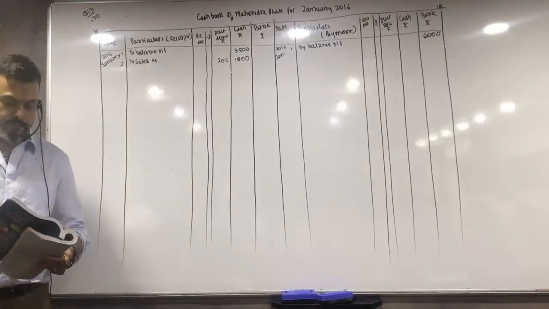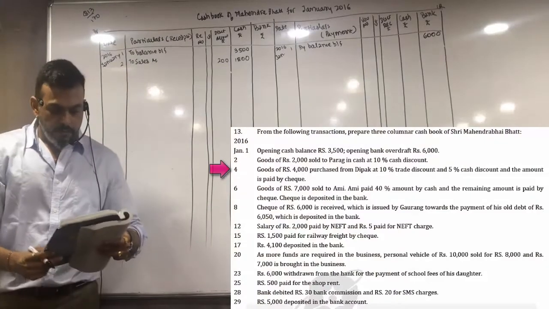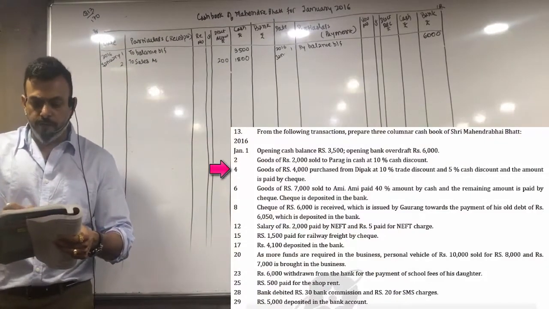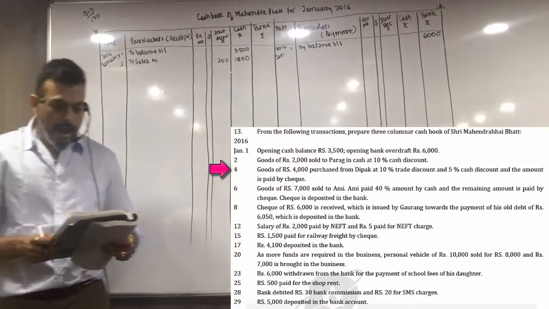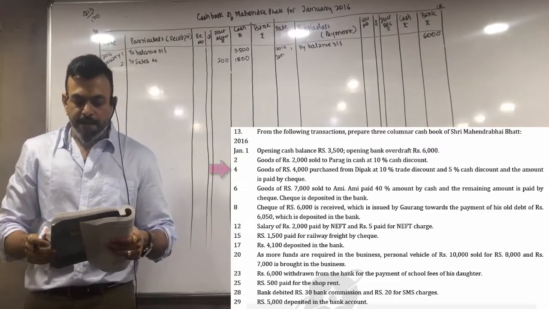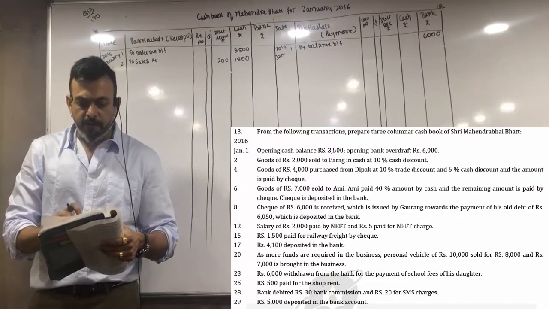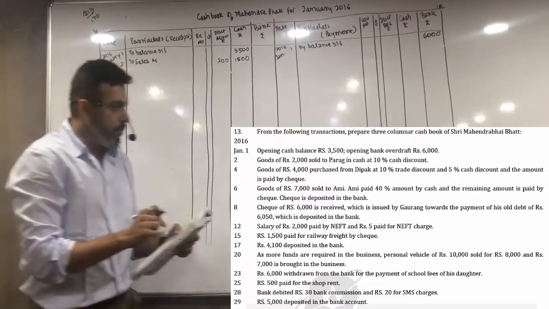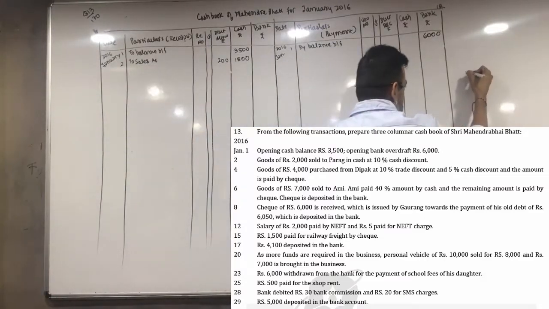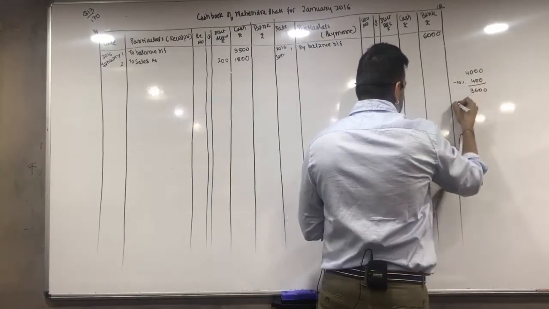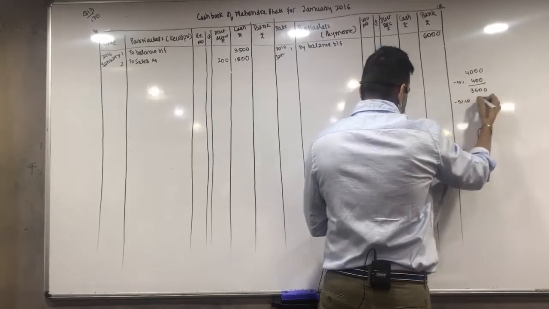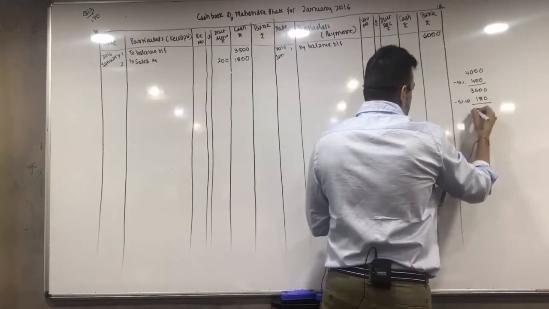Fourth, now goods of 4,000 purchased from Deepak at 10% trade discount, 5% cash discount, and the amount is paid by check. So we have to record both. Now 4,000 minus 10% is 400, so 3,600, and minus 5% cash discount is 180.